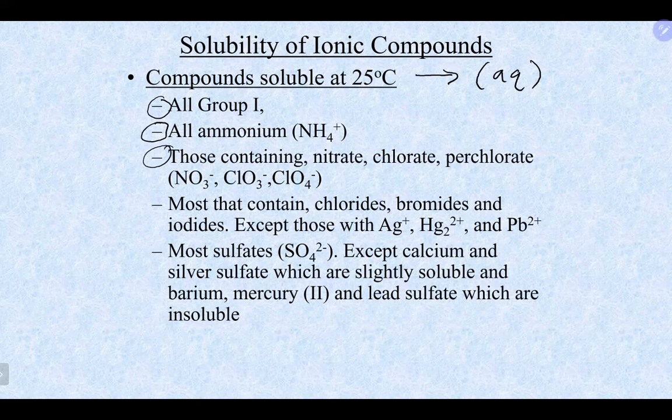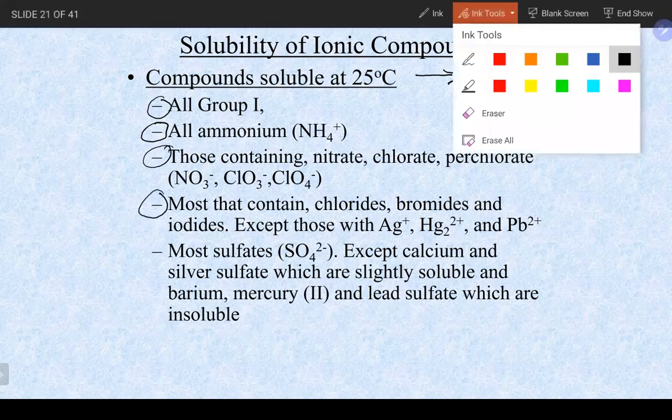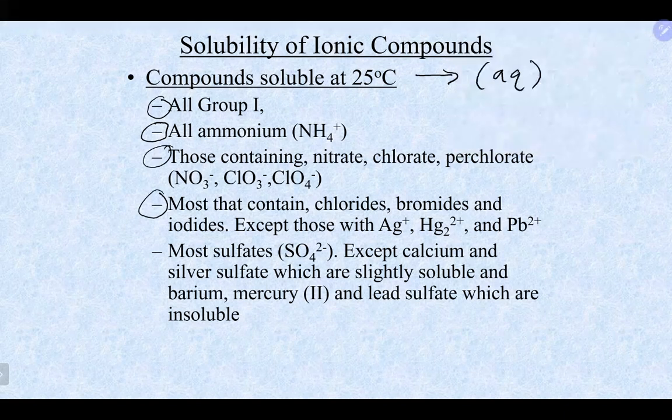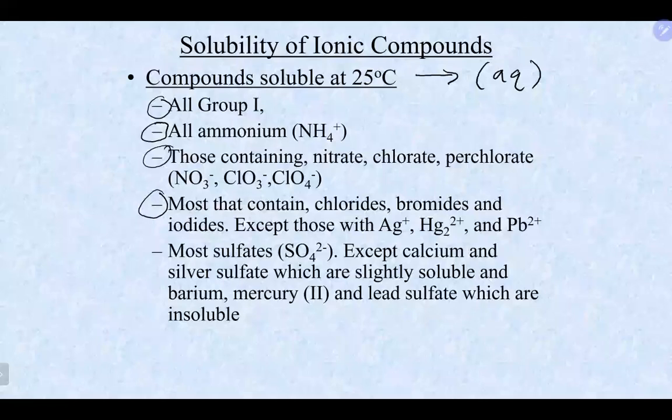Now, when we get to chlorides, bromides, and iodides, they are soluble, but there are some exceptions. There are 3 important exceptions here. If you have a chloride, bromide, or iodide with anybody else, it's going to be soluble.